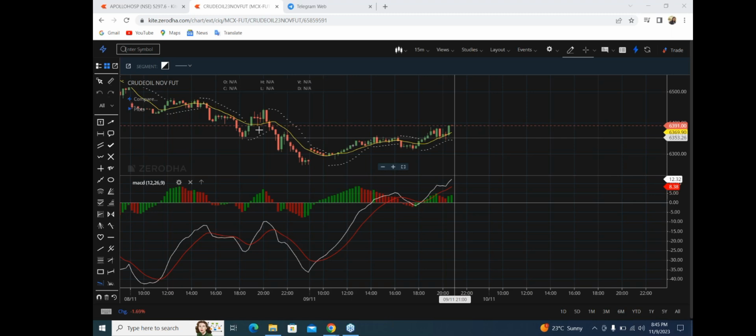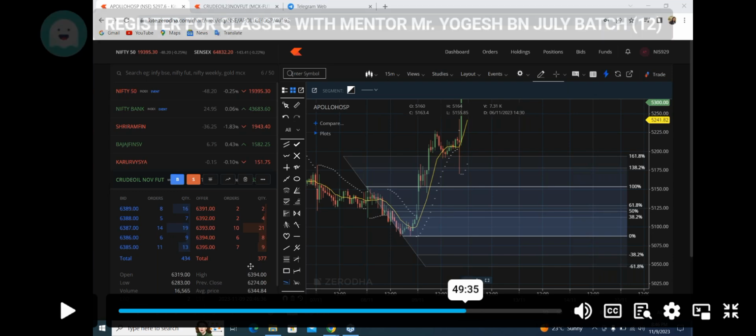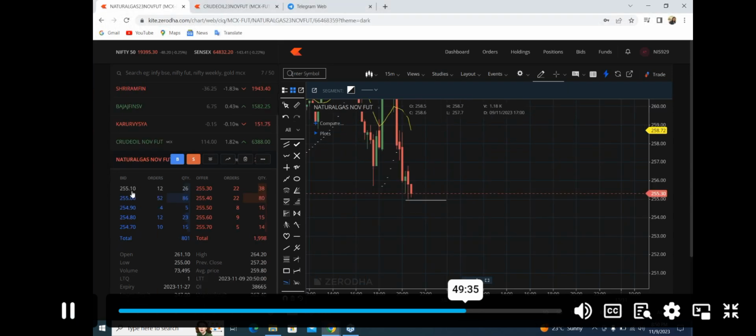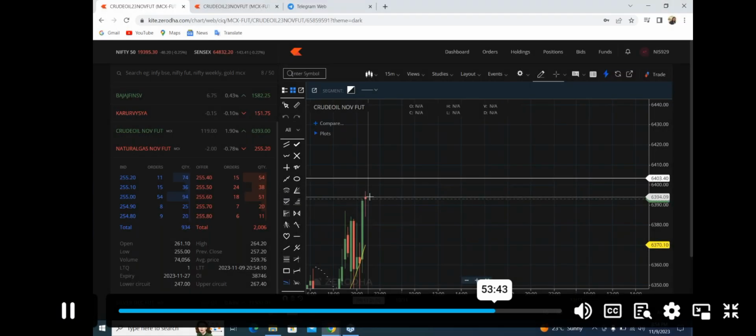So when this value becomes 6400, if it goes below, candle green, okay.